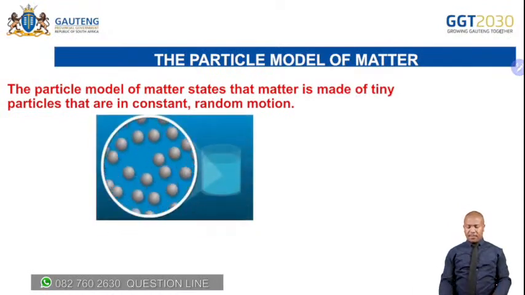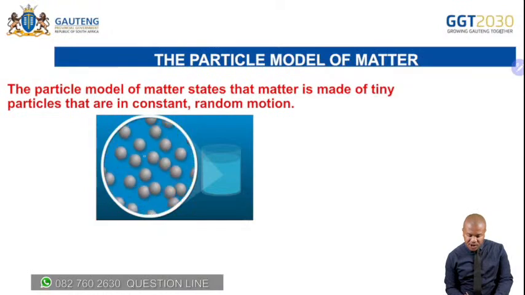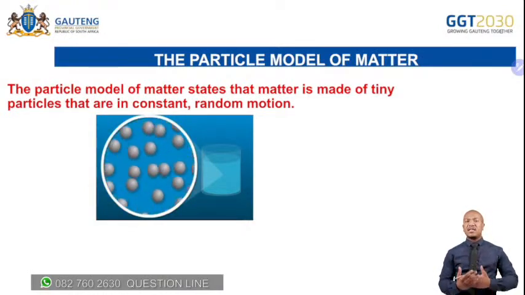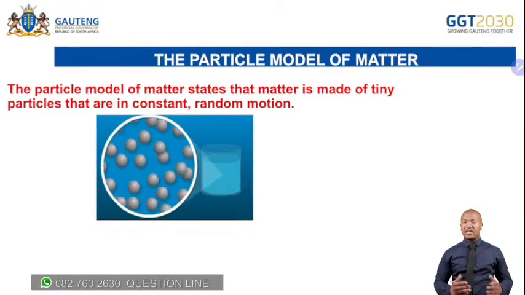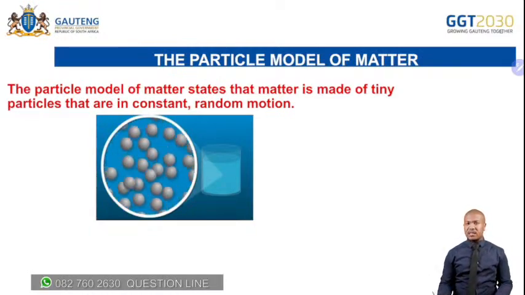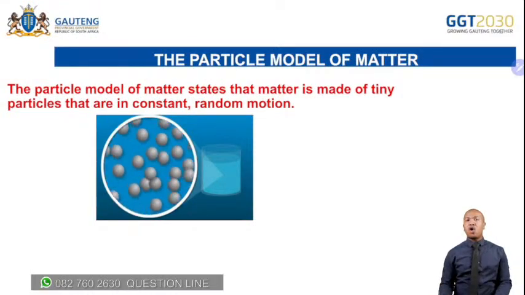Let's look at this example here. Looking at this, you have tiny particles which are moving around, having that random motion. Meaning they can move freely anyhow and anywhere in this substance. And also their motion is constant.